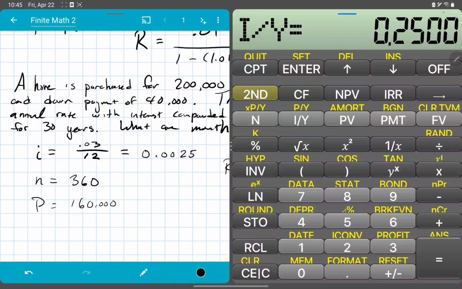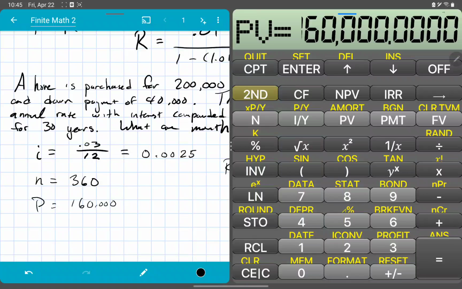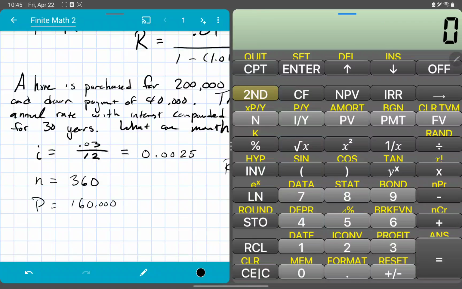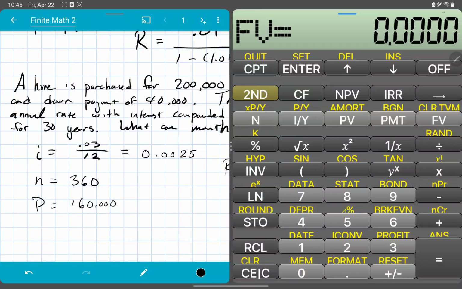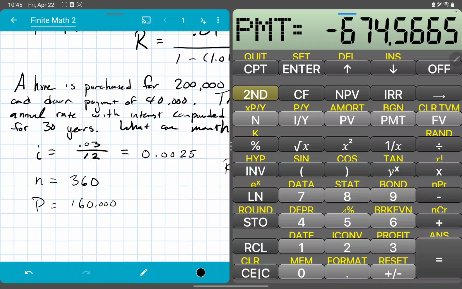The present value is $160,000. That's how much we're taking out. The future value, well, we want to pay off the loan completely, so we store 0 in the future value. Then we hit compute, and I'm going to hit the payment button, and it's going to pop out that same $674.56 that we computed with the formula.